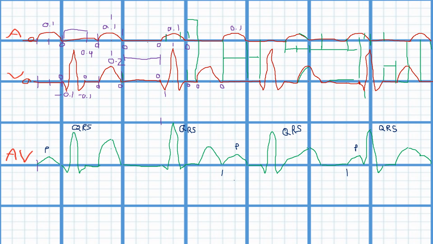So we've got 1, 2, 3, 4, 5, 6, 7, 8, 9, 10. Okay, so there's 10 little boxes between P waves at least. So let's count back this way. That's 1, 2, 3, 4, 5, 6, 7, 8, 9, 10.